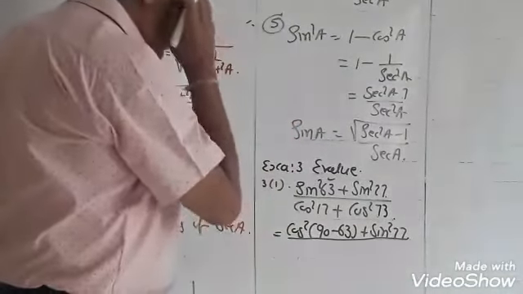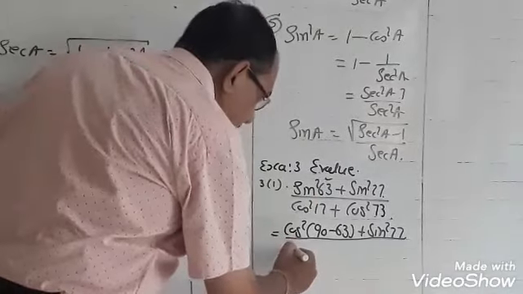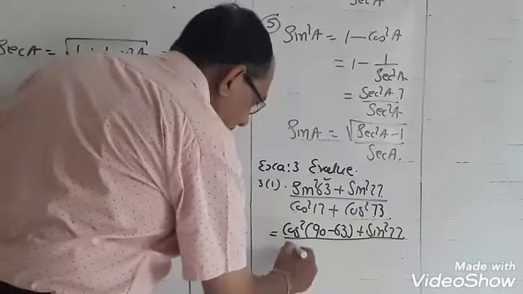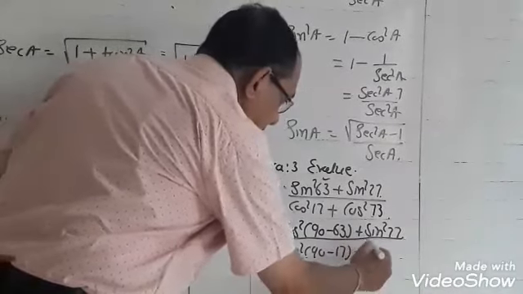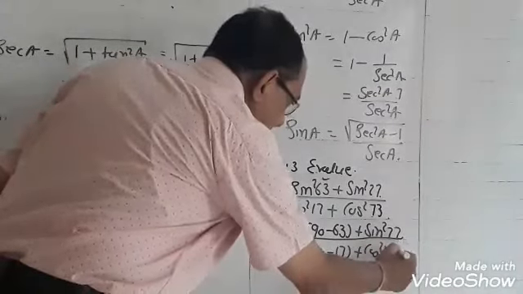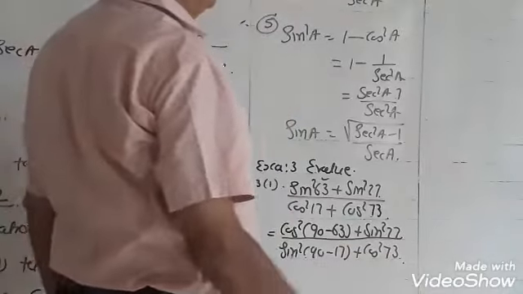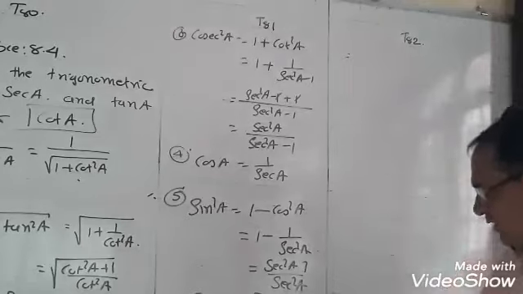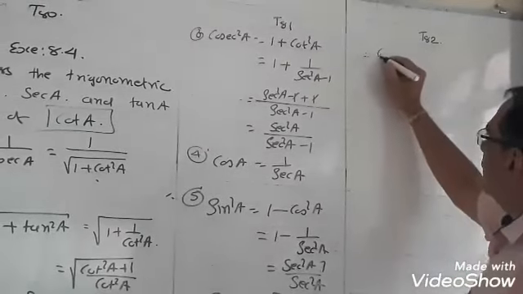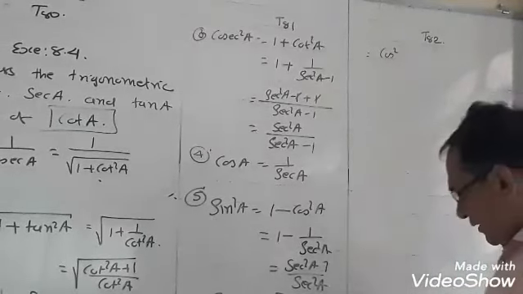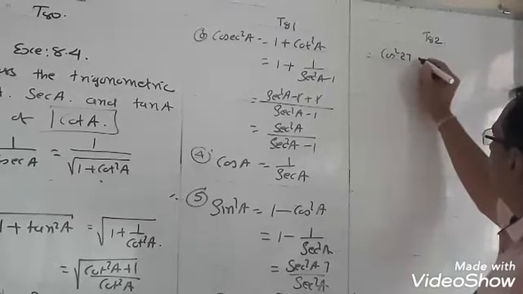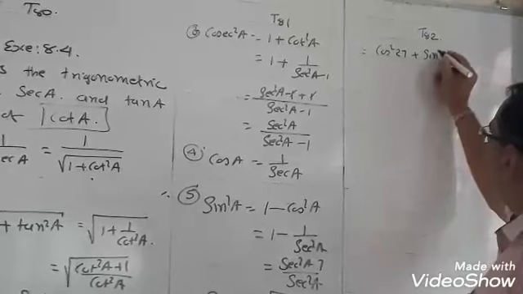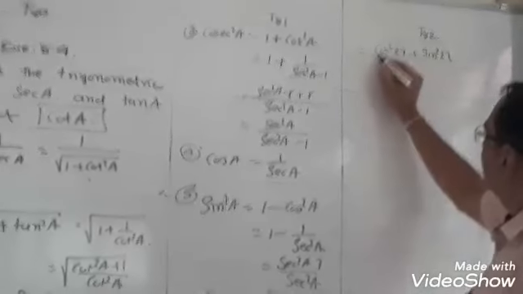Here cos square 17, so I will take sin square of 90 minus 17, plus cos square 73, which is cos square 27 plus sin square 27.